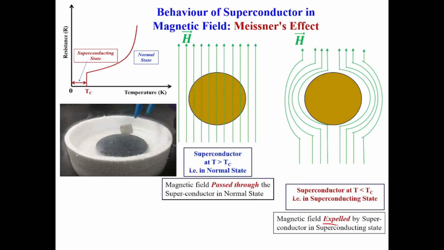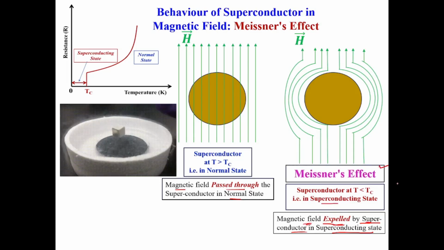In the normal state the same magnetic field passes through, but in the superconducting state the superconductor expels the magnetic field. This effect is called Meissner's effect.